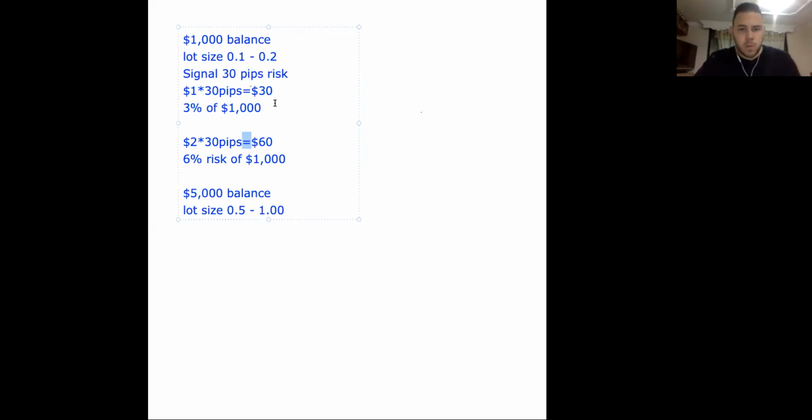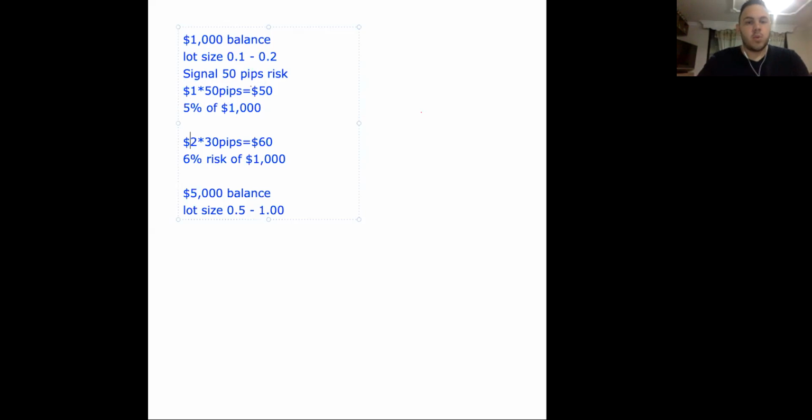My recommendation would be, sometimes they do send those signals with 50 pips risk, right? So on those signals, if you have $1,000 and you do the $1,000 balance, $1 per pip relationship, it will be $50 because $1 multiplied by 50 is $50 risk, which is now the 5% of $1,000.